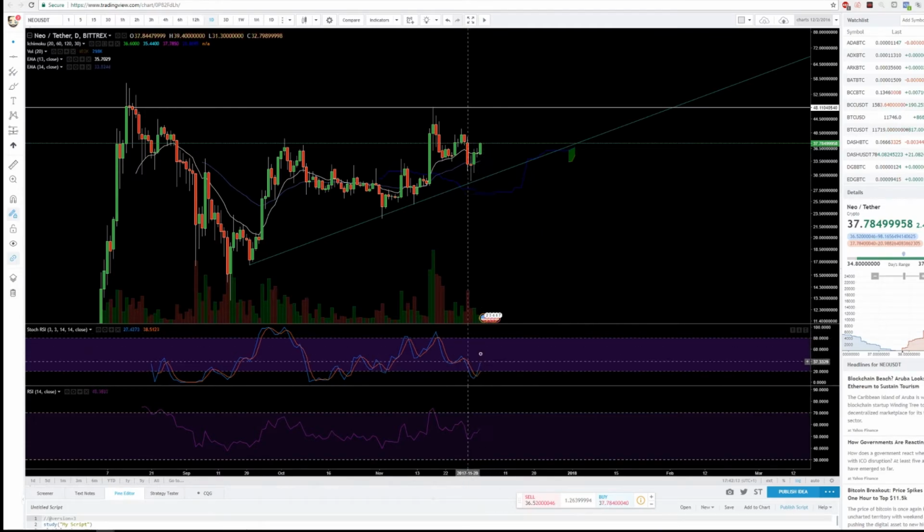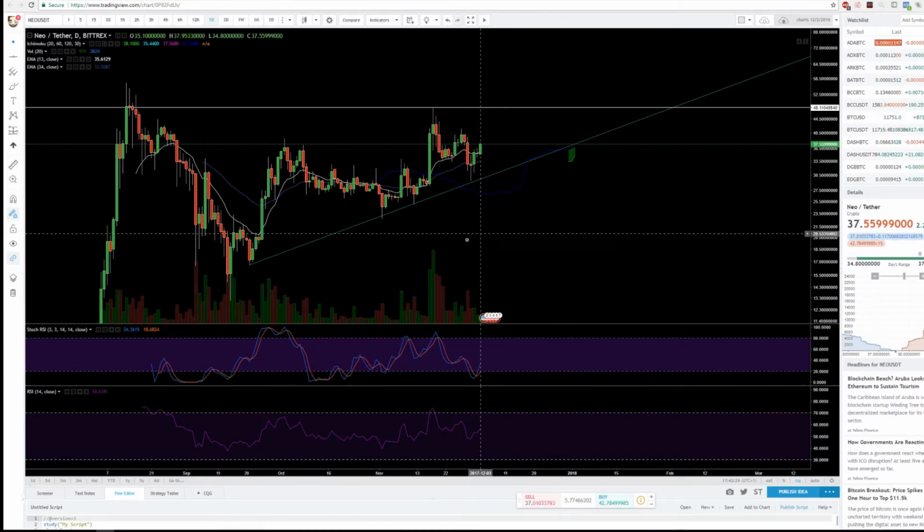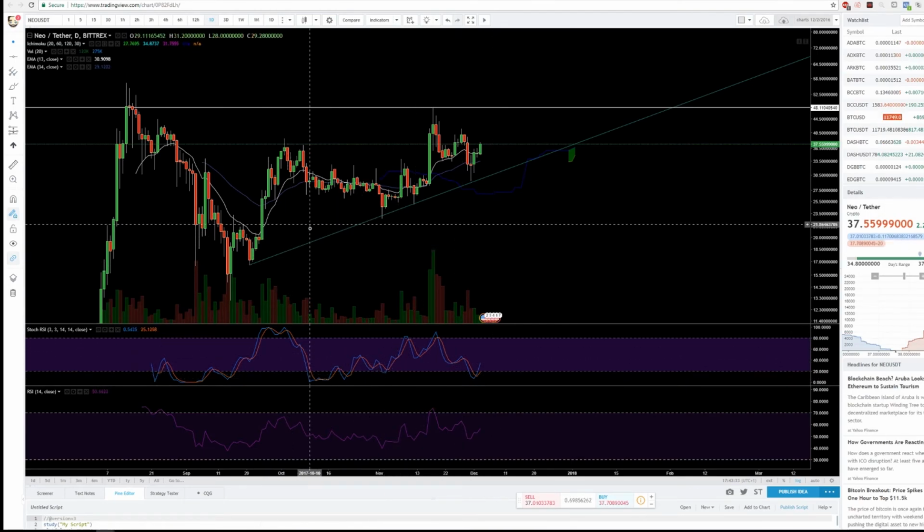But on this one you see two more lines, right? You see a blue one, which is the faster moving average, and the red one, which is the slower moving average. So if the faster moving average, the blue one, crosses the orange one to the upside, that's a great sign. And when that happens on the daily, well, let's take a look at what happened.